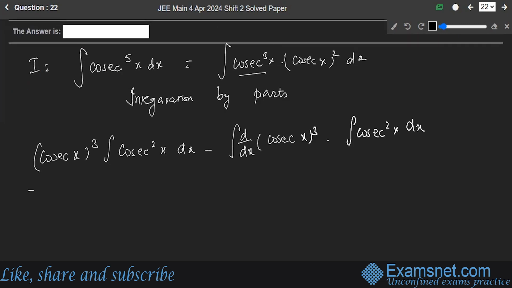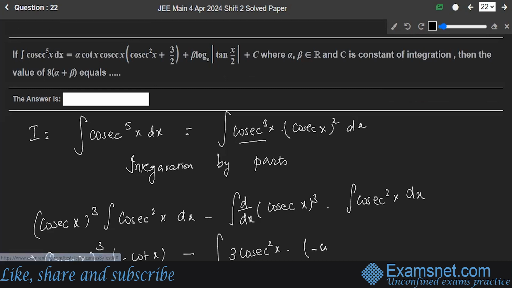So this is equal to cosecant cube x into minus cot x, minus 3 cosecant square x into the derivative of cosecant, which is minus cosecant x cotangent x, into the integral of cosecant square x, which is minus cotangent x. This whole thing dx.